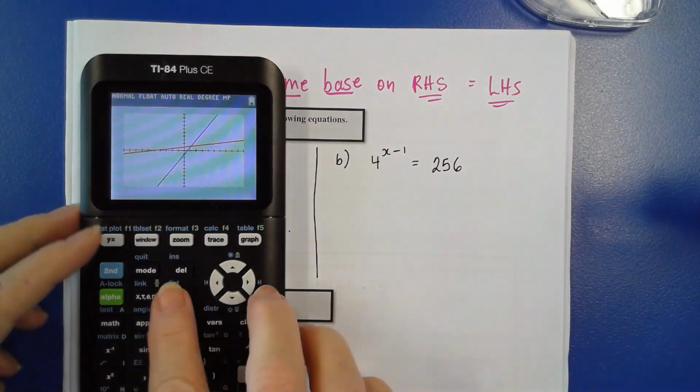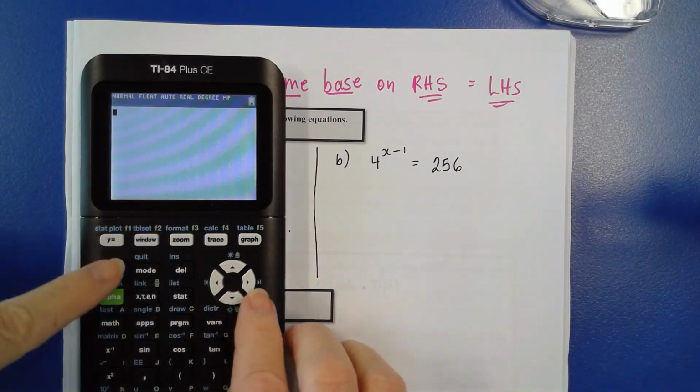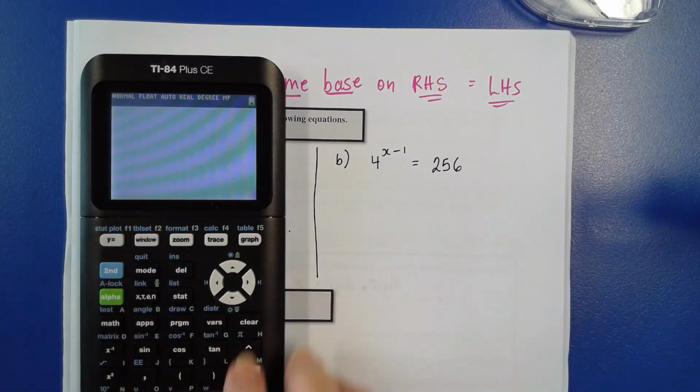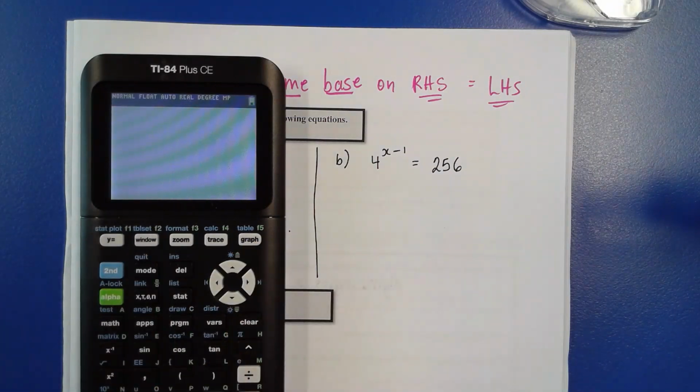Let's see if that's 4 to the... I know it's not 4 squared. Is it 4 to the 3rd? No. Is it 4 to the 4th? Yes. Okay, so I might have to do that.